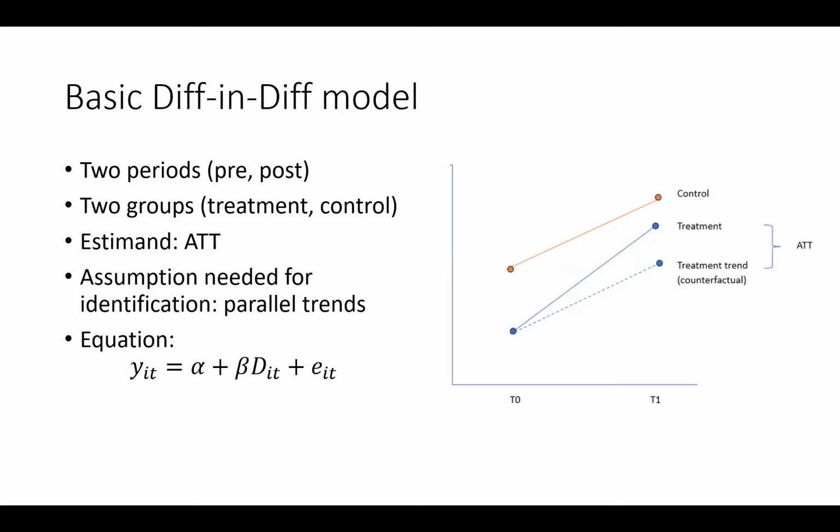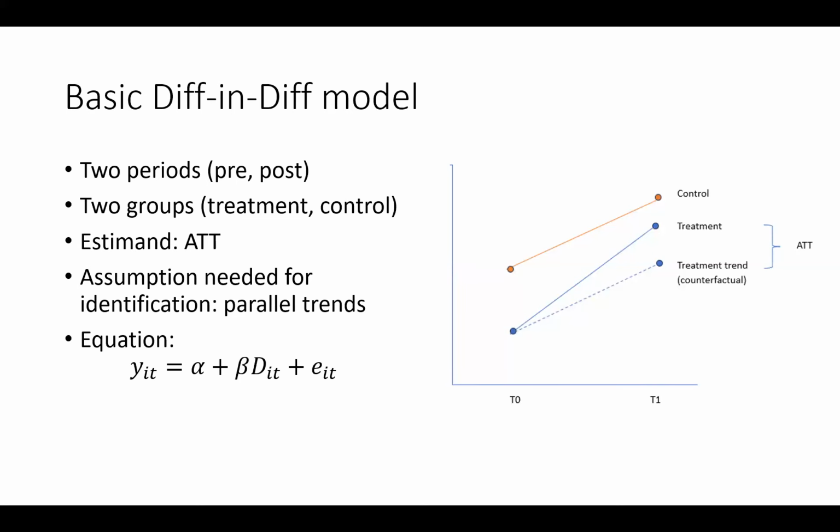So this is test scores, and the treatment is that the kids get eyeglasses provided. So this control group is people in the school that didn't get eyeglasses. And this dotted line is the counterfactual of people in the school who did get the eyeglasses if they hadn't gotten the eyeglasses.